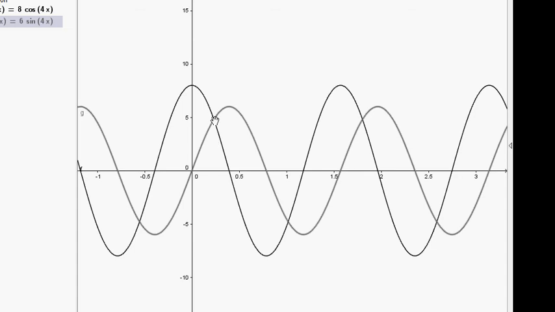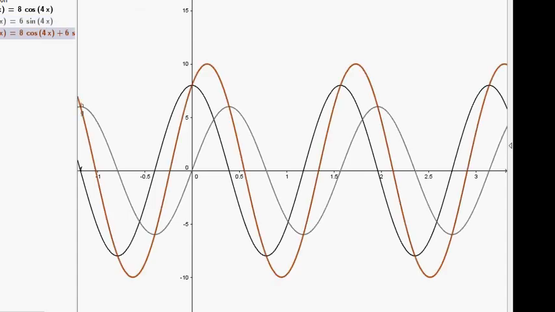Okay, so when we combine both of them together, we get y equals, anybody? 8 cos 4x, and then plus 6 sine 4x. Yeah, I just put down plus, it's okay.